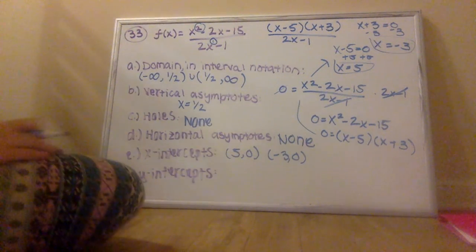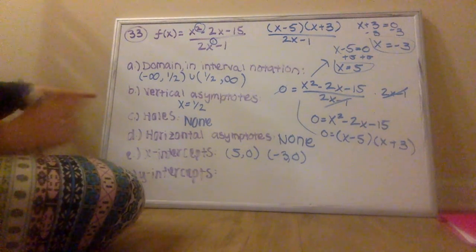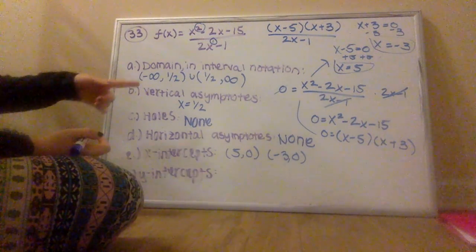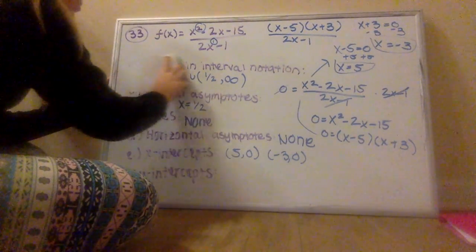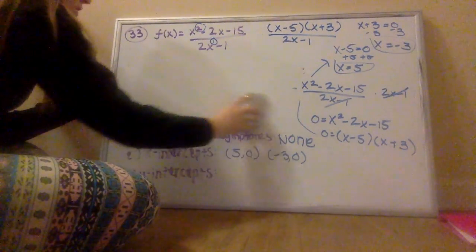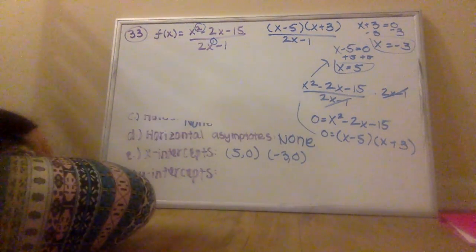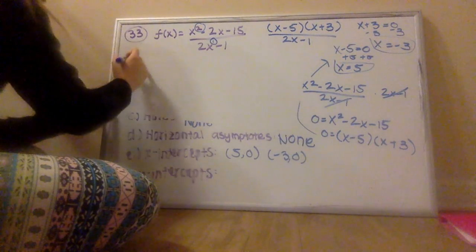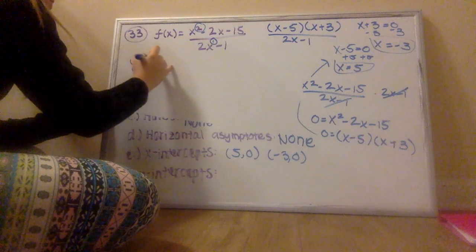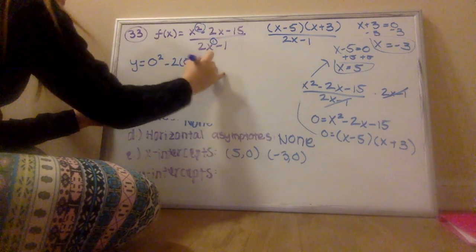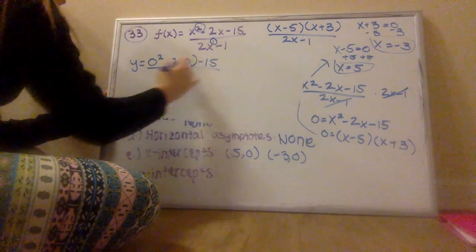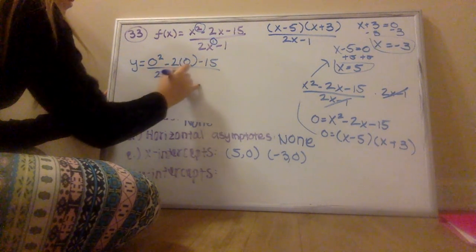And then for our y-intercept, we again do the opposite, and we're going to set all of our x's equal to 0. So our y value is equal to 0 squared minus 2 times 0 minus 15 over 2 times 0 minus 1.